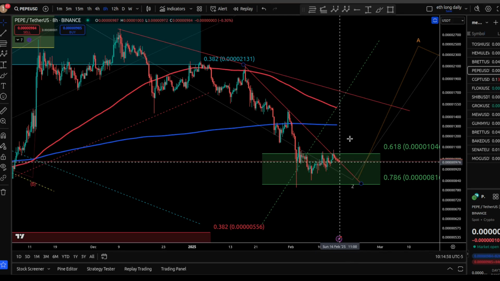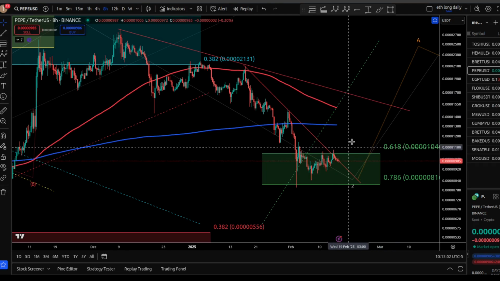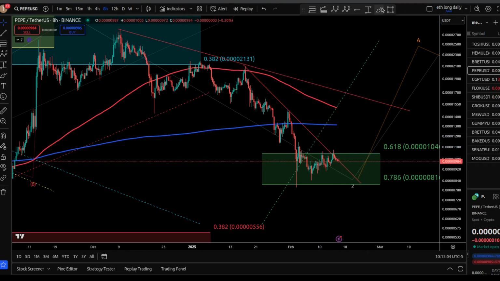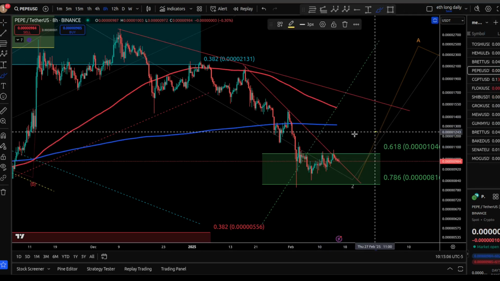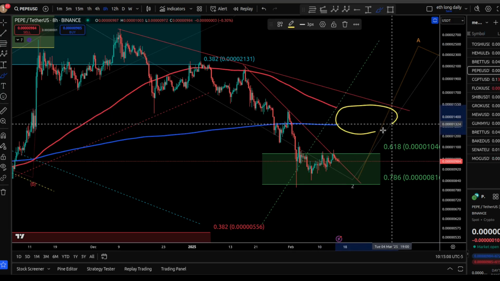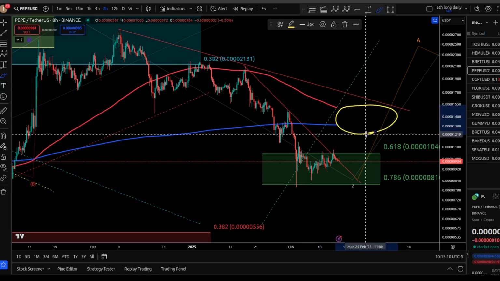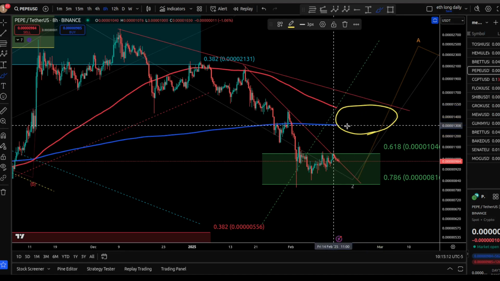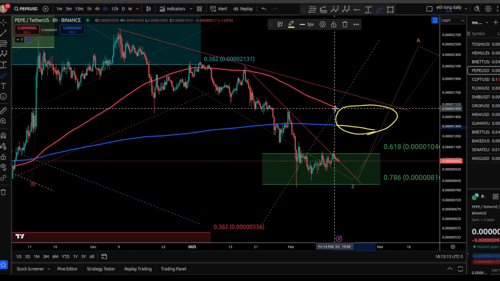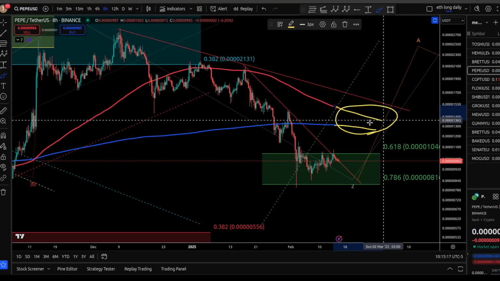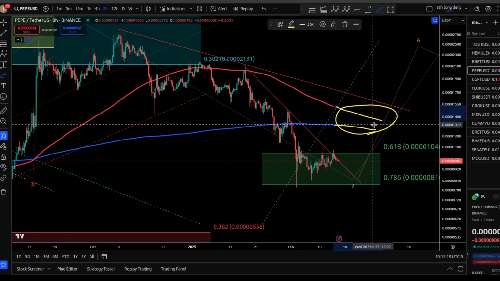It needs to be strong enough, have enough momentum to reverse the trend and go higher. So let's also notice that this is a very important resistance level, because we are going to have the MA 200 and the MA 50. So price will have to challenge almost both at the same time.